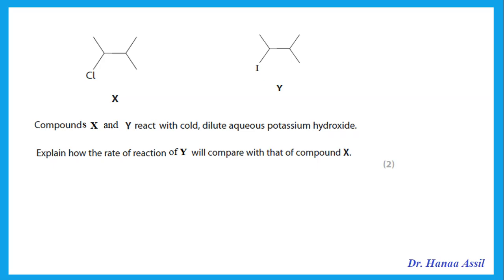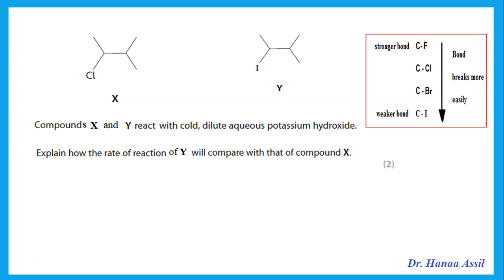Again, we have these two compounds, one with a chlorine and one with an iodine. Compounds X and Y both react with cold dilute potassium hydroxide. Cold dilute potassium hydroxide replaces the halogen with an OH. Now explain how the rate of reaction of Y will compare with that of X. So which one will react faster?